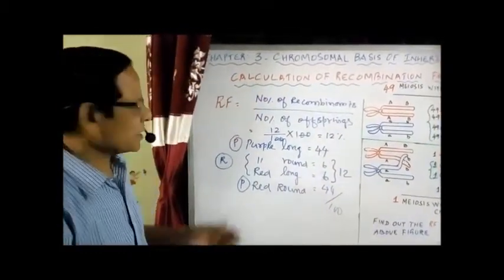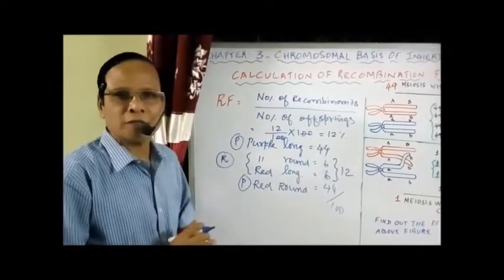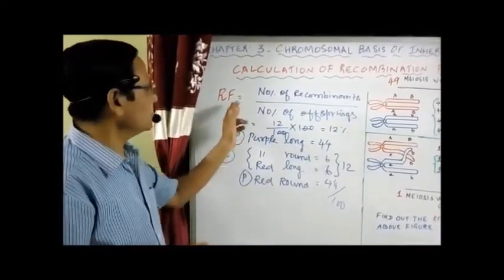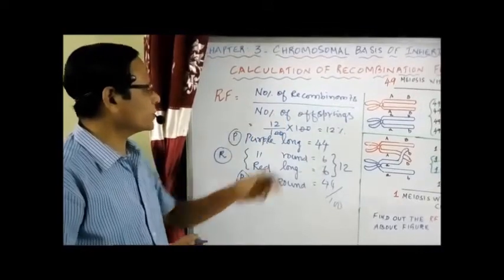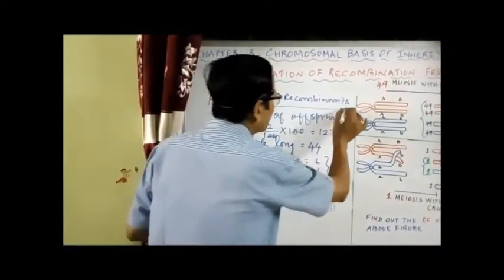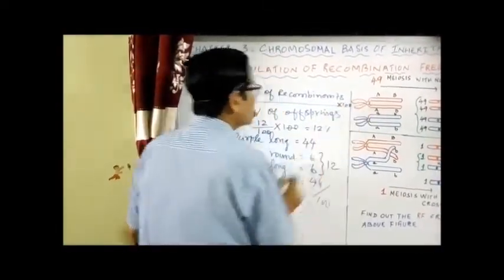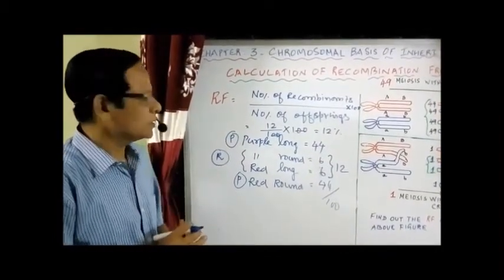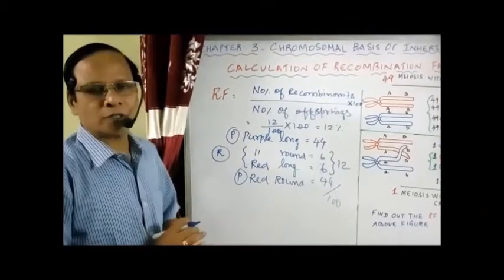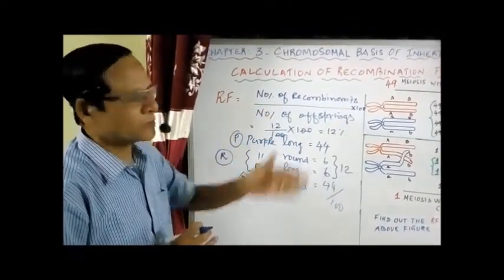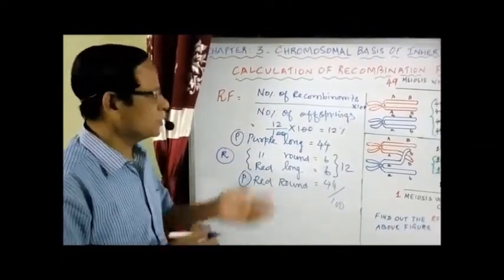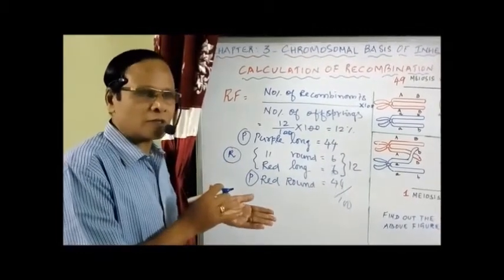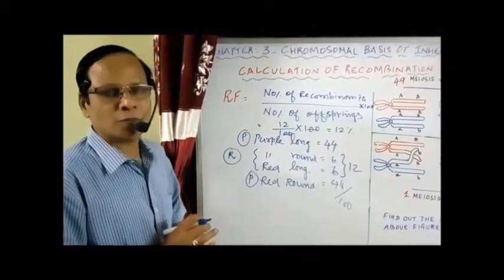This is the way you can calculate for any value that is given: number of recombinants divided by number of offsprings, multiplied by 100. By this way you can find the percentage of recombination or recombination frequency. We have different units. Percentage recombination is 12%.